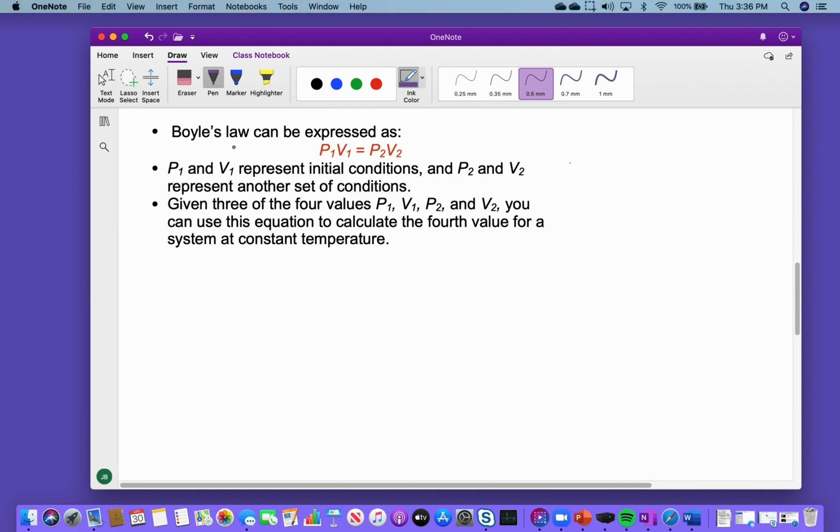This means that the initial pressure times the initial volume will equal the change in pressure times the change in volume. Now, as long as you have 3 out of these 4, you can solve for the fourth just by manipulating the equation and doing a little bit of algebra.